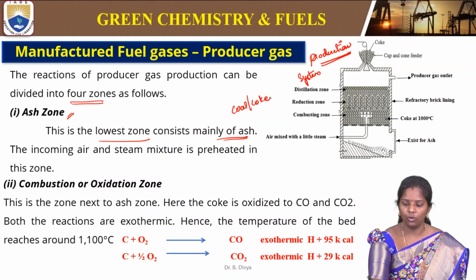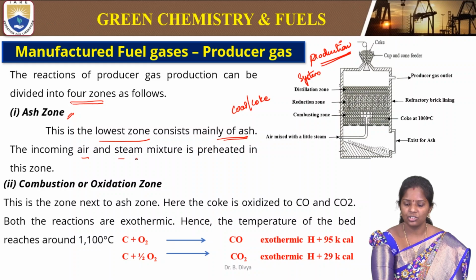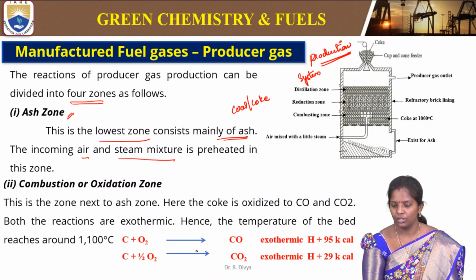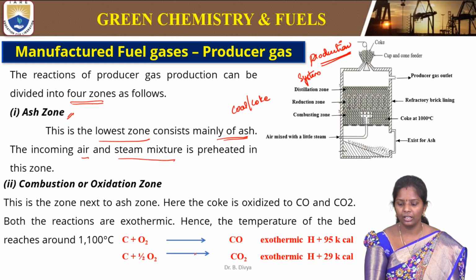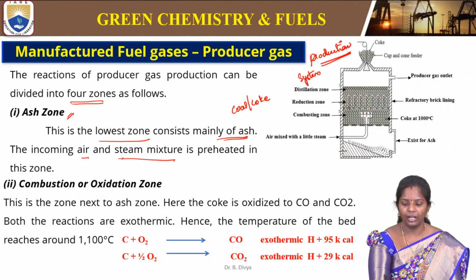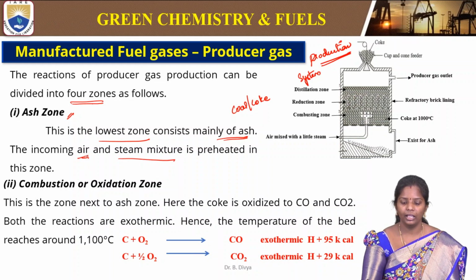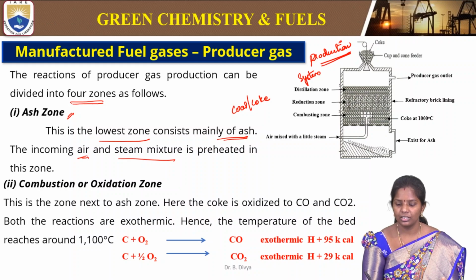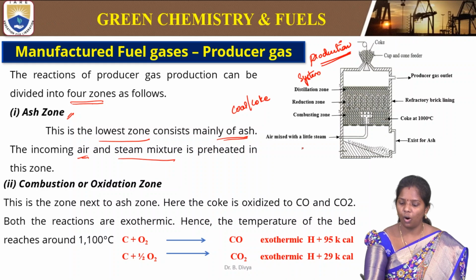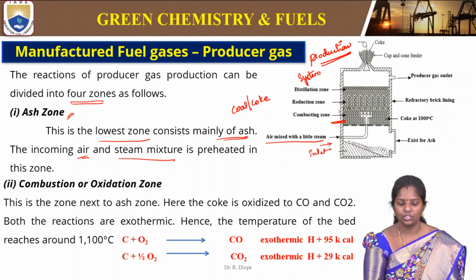The incoming air and steam mixture is preheated in this zone, before it reacts with the coke or coal. So air mixed with a little steam is sent through an inlet from here. This is the inlet for air and steam.